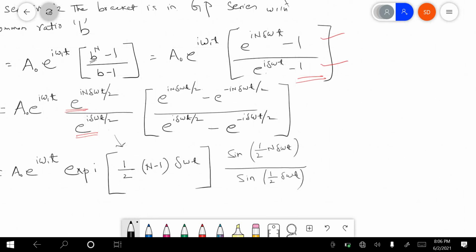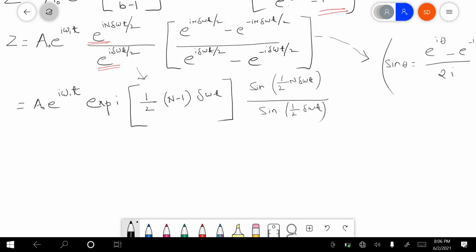Because this comes under the formula for sine theta. We know that sine theta can be expressed as e to the power i theta minus e to the power minus i theta divided by twice of i. So on that basis we can write here.